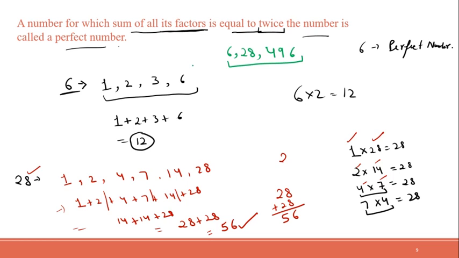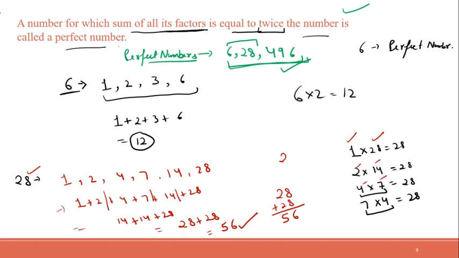These are the three perfect numbers which you should learn at this stage. Okay, perfect numbers. Got it? You should just know what perfect numbers are. If you remember these two at this stage, that's enough. But I want you to remember this one also.